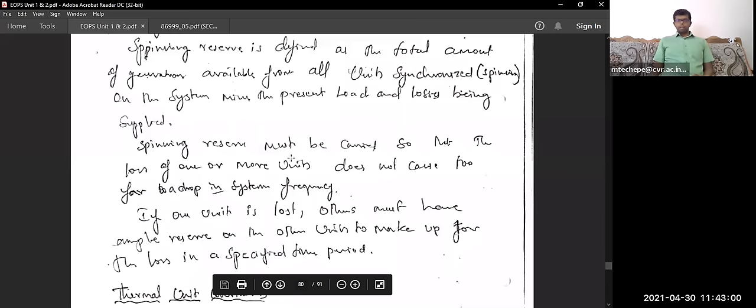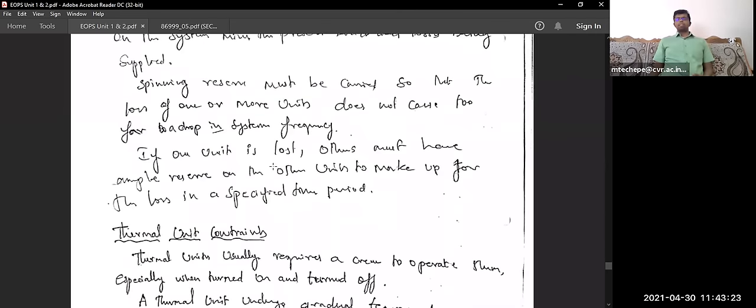Again I repeat, the spinning reserve must be carried so that the loss of one or more units does not cause too far a drop in the system frequency. If there is a drop in the system frequency, only then they switch on the spinning reserve, for only a few minutes.